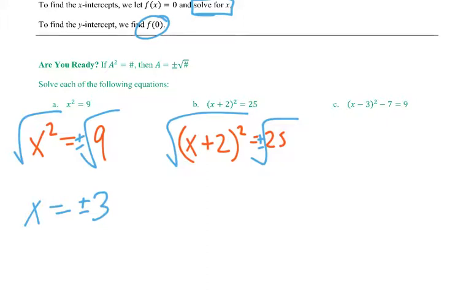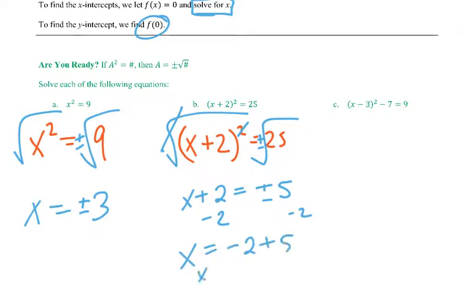The square root cancels the square, so we're left with x plus 2 equals positive or negative 5. We're going to subtract 2 from both sides. So we can think of this as x equals negative 2 plus 5 and x equals negative 2 minus 5. So we get two results. We get positive 3 and negative 7.